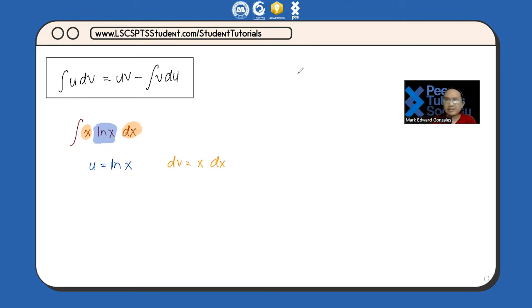This is true in mathematics, in life, and perhaps in relationships as well. Anyway, without digressing too much, du would be equal to 1 over x dx. Here, the integral of x would be x squared over 2. Integration by parts: the integral of u dv is equal to uv minus the integral of v du.